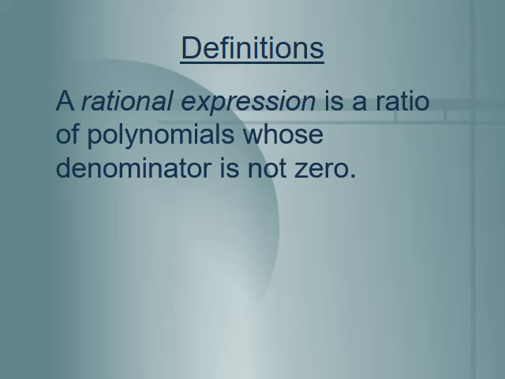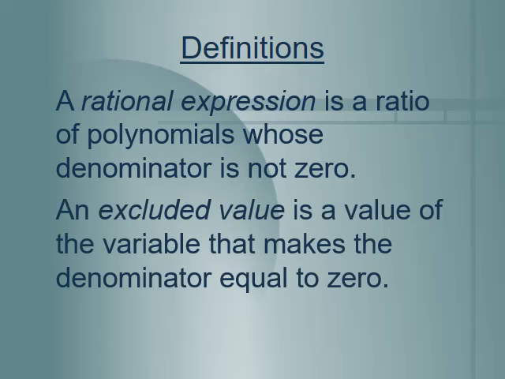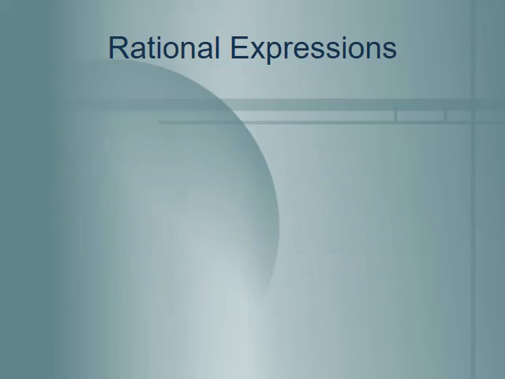That denominator could just be 1, but the denominator cannot be 0. A fraction with the denominator of 0 is an undefined fraction. So whenever we look at rational expressions, we're going to look at an excluded value. That's the value of x, or whatever the variable is, that would cause the denominator to be 0. That means our variable cannot be that number.